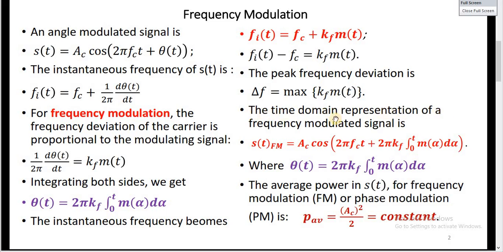As for the time domain representation of a frequency modulated signal, s of t equals Ac cosine 2 pi Fc t plus theta of t, and this is the equation for theta of t for an FM signal. So we have Ac cosine 2 pi Fc t plus 2 pi Kf integration from 0 to t m of alpha d alpha, and this is the phase difference theta of t equal 2 pi Kf integration from 0 to t m of alpha d alpha.